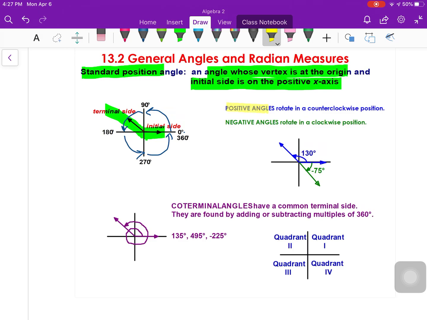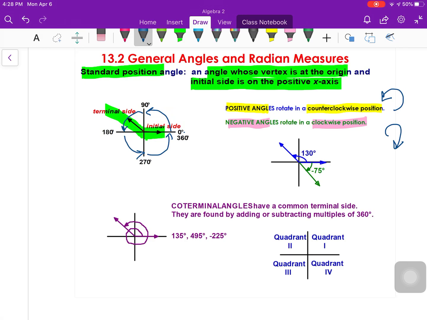Note that all positive angles rotate counterclockwise. That is this way around. Negative angles then rotate clockwise. That would be this way around.